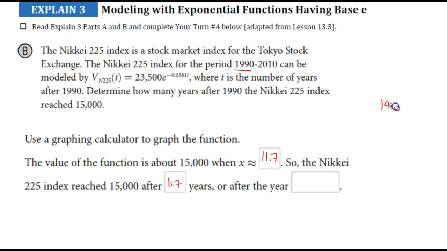So 1990 plus about 11 years, that would be about 2001. Check me on that. But yeah, about 2001 or about 11.7 years, or, you know, since it's 0.7, maybe 2002.